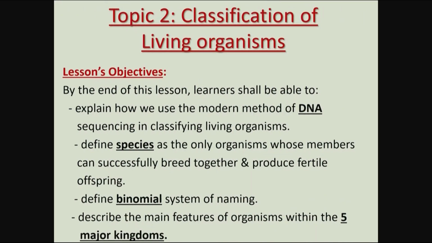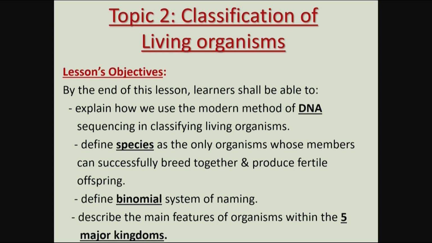In today's lesson, we look at topic number 2, classification of living organisms. What are some of the lesson objectives? By the end of this lesson, the learner shall be able to explain how we use the modern method of DNA technology or DNA sequencing in classifying living organisms.